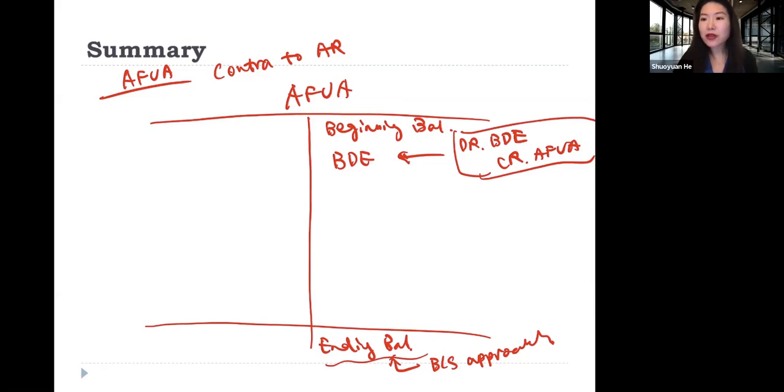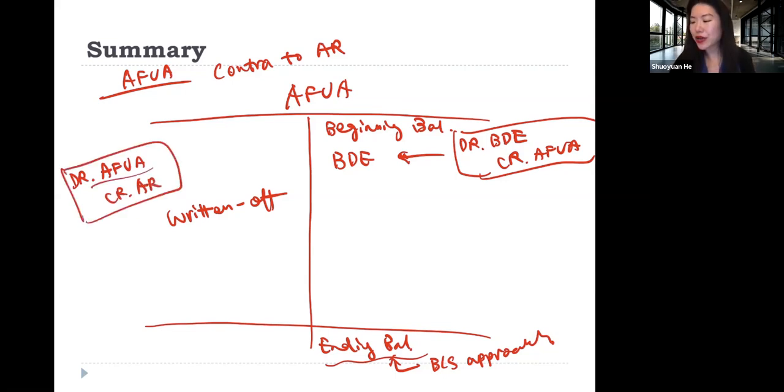And it is also going to be affected by the write-off of the uncollectibles. If the firm confirms that some uncollectible is actually happening during the period, the firm needs to write off those account receivable. The journal entry is to debit allowance for uncollectible account, credit account receivable. And this entry will decrease the allowance for uncollectible account.